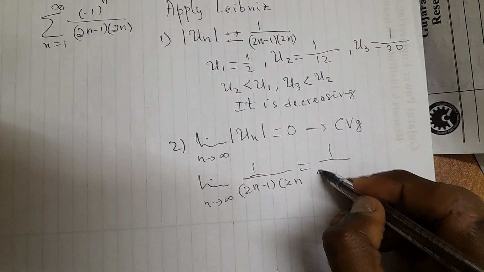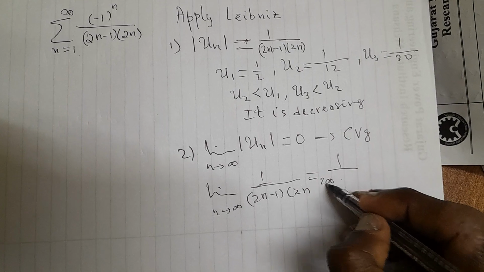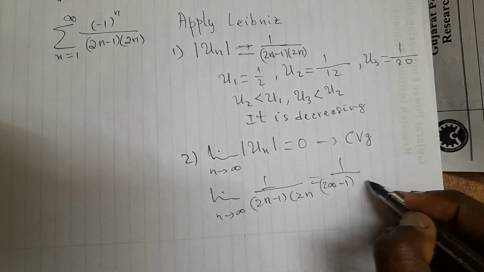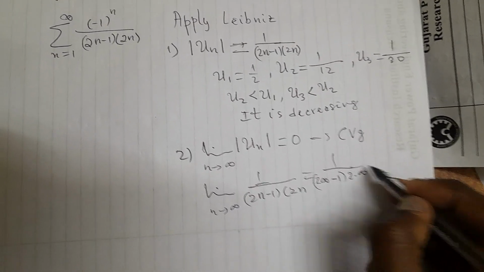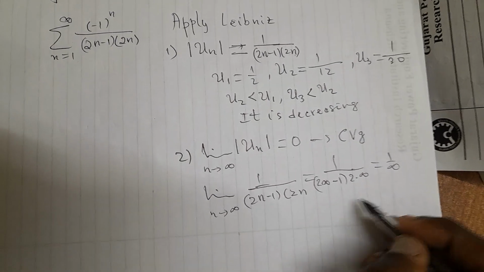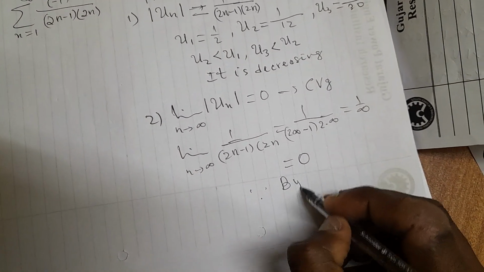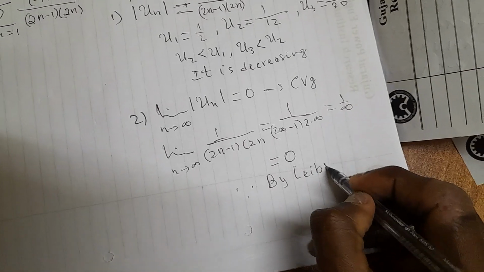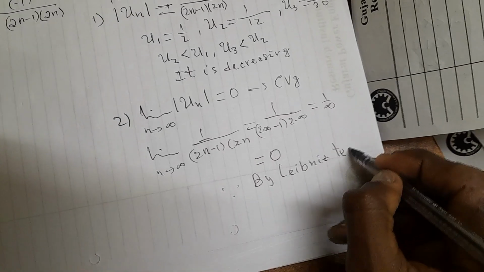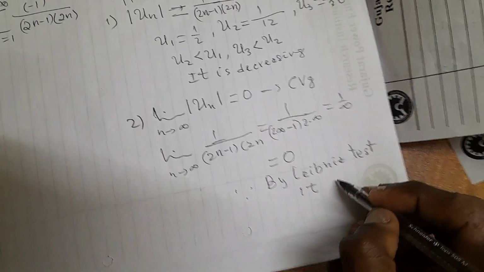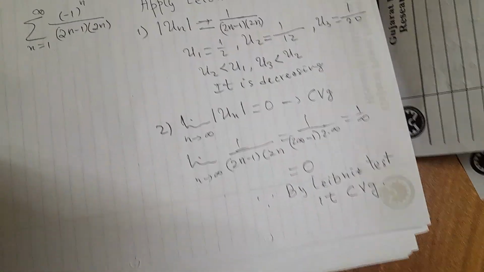Substitute here, you get twice infinity minus 1, and here 2 times infinity. This will be 1 upon infinity, and this will be 0. Therefore, by the Leibniz test, it converges.